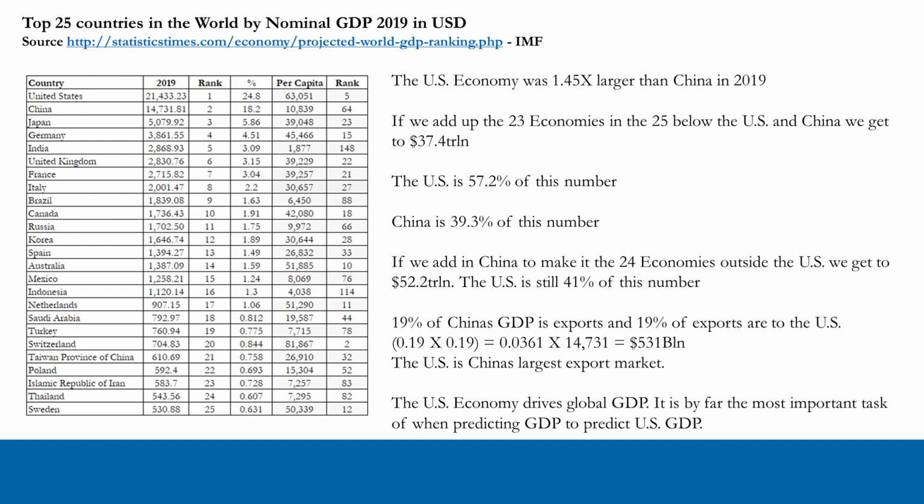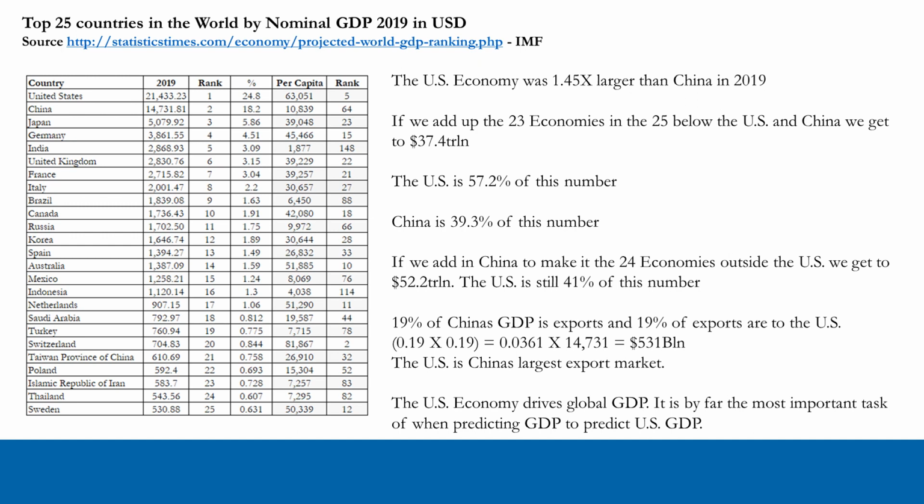So if we look at these numbers and break them down to try and really understand global GDP, the US economy was 1.5 times larger than China, which is the second largest economy. If we add up the 23 economies in the 25 below the United States and China, what do we get?